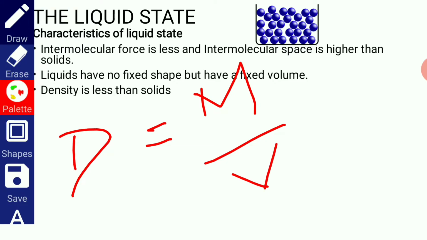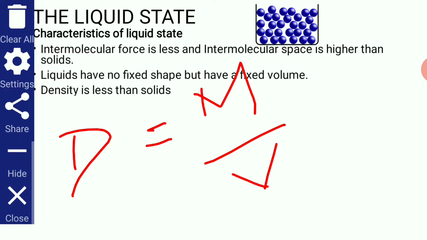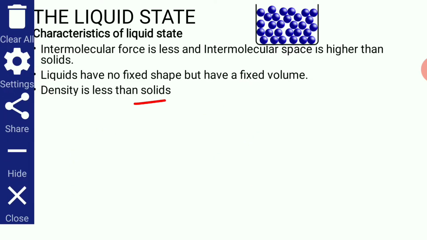Mass divided by volume means if per unit volume, the mass is high, density will be high, and in per unit volume, if the mass is less, density will be less. Mass will be high when the number of particles will be more. In liquid state, the number of particles per unit area is less, therefore, the density of the liquid is less than solid.